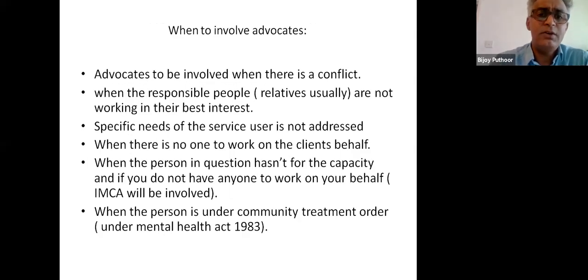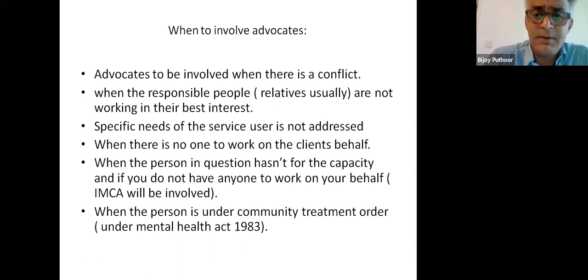The next question is when to involve an advocate. Advocates could be involved when there is a conflict. So if there's a conflict between the care home and the social services, an advocate could be involved. If there is a conflict between the family and the social services, an advocate could be involved. If there's a conflict between the family and the registered care home, then an advocate could be involved as well.